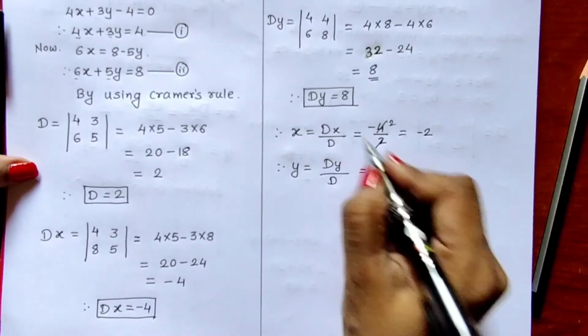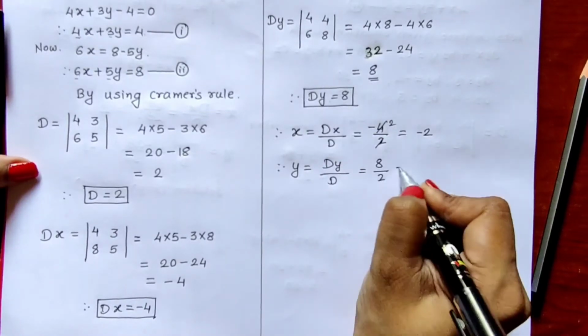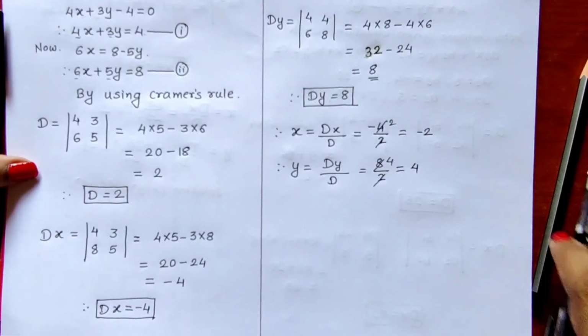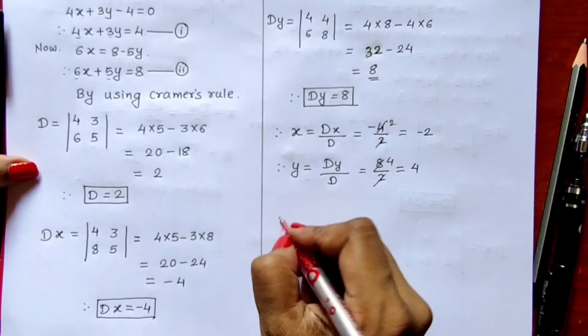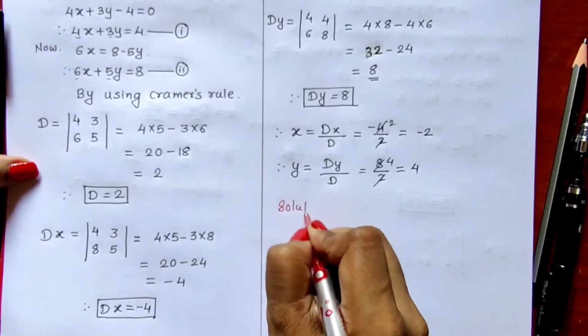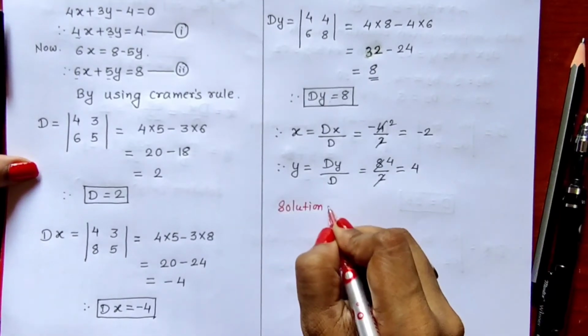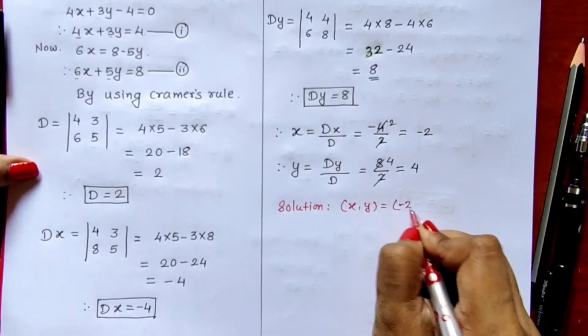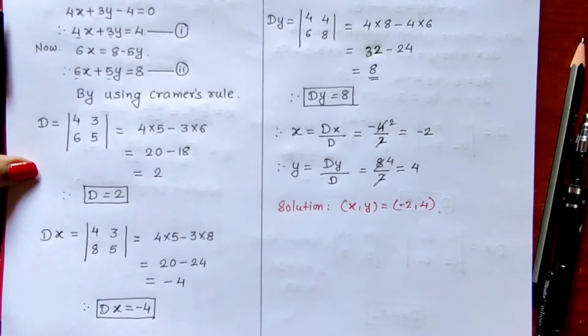So dy we have got 8. D is 2. 2 ones are 2, 2 fours are 8. So y is 4. So in this way we have got the solution. Solution: x, y is equal to minus 2, 4. Very easy.